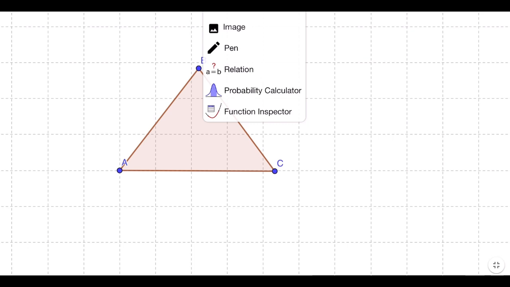Now let us explore the Sine Law. So if we have a triangle ABC, and it's not a right triangle, but we still need to find some information.